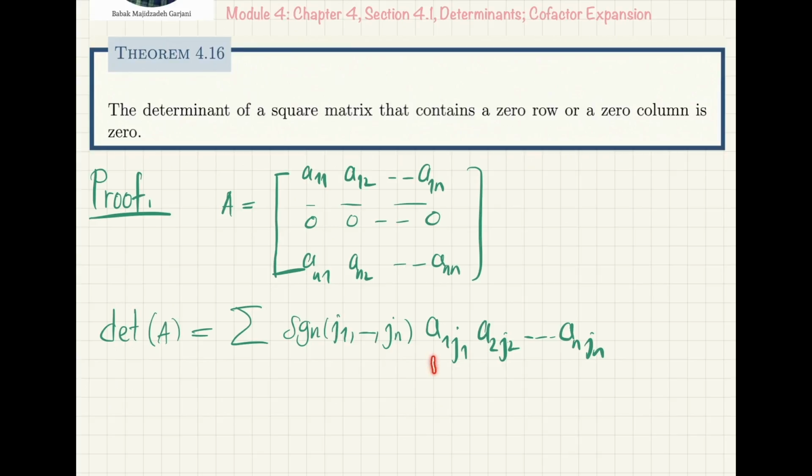So for example, consider this typical elementary product. According to that idea, exactly one of these factors should be chosen from this row. So then it means that because of that one single zero, at least this product vanishes.